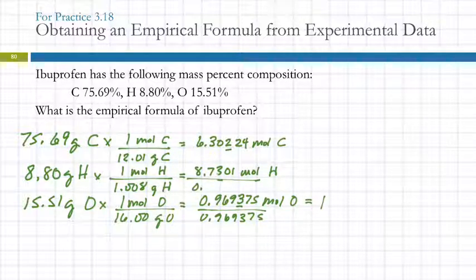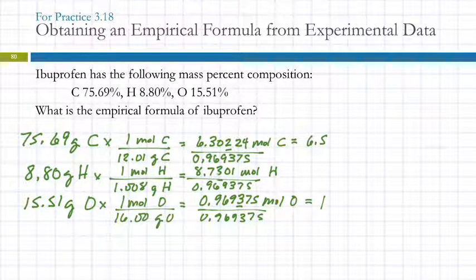And this one, so I have to do some division on those first two. 6.30224 divided by 0.969375. 6.50134. 8.7301 divided by that same thing. 9.0059.